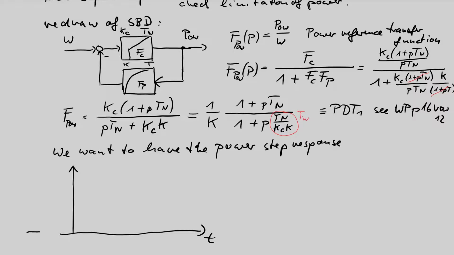So 0 power before we apply the step function, then we have a power peak value. Now this is a power signal. Then we have the final value. And then we have a tangent construction for this curve like this.